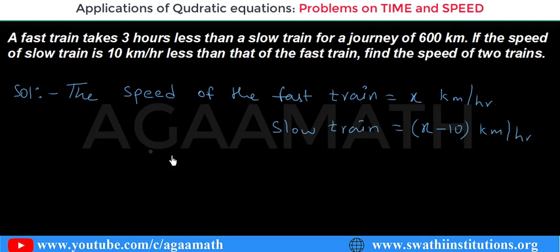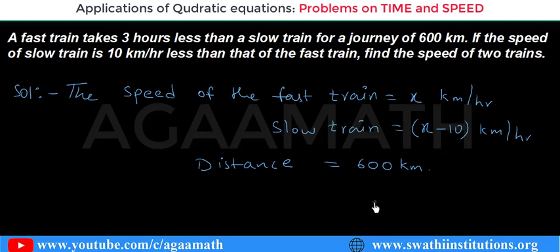What is the distance here? The distance for the two trains is nothing but 600 kilometers. It's a journey of 600 kilometers, right? So the distance equals 600 kilometers.